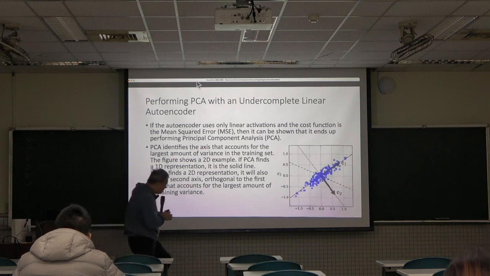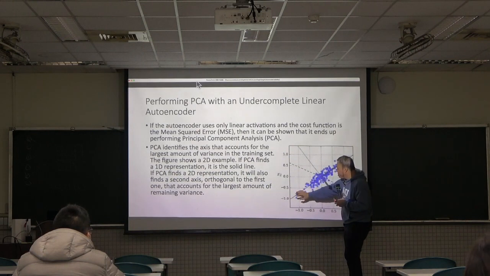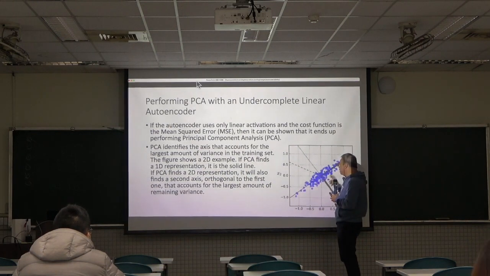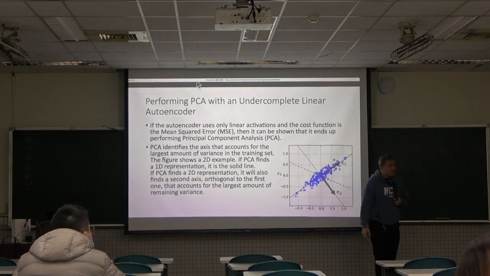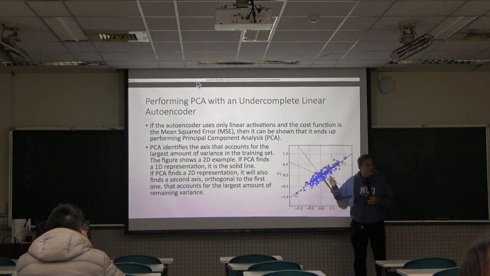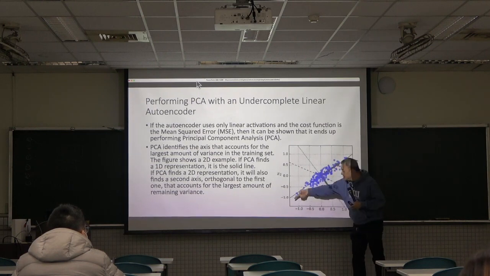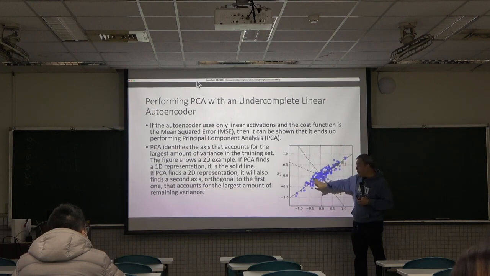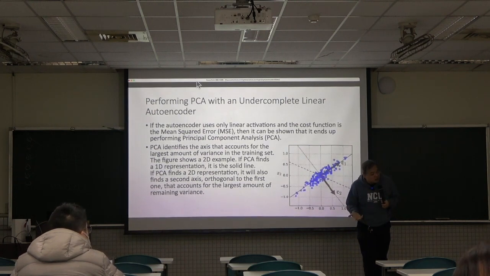So for example, for given points like these blue points, you can obviously see that this axis has the largest variance, right? Here, of course, I am assuming these points are 2-dimensional points.